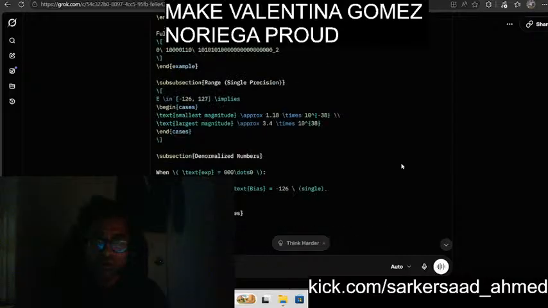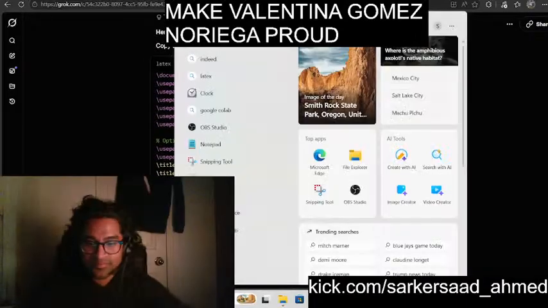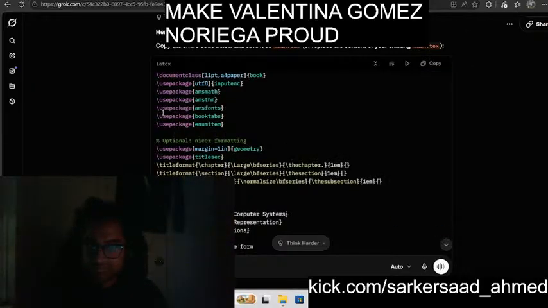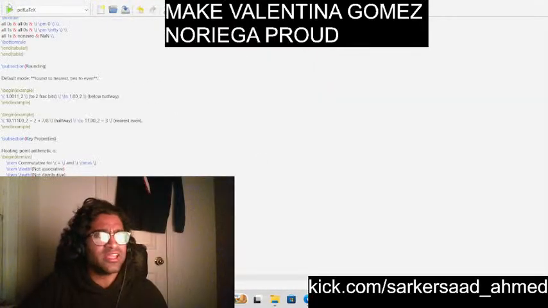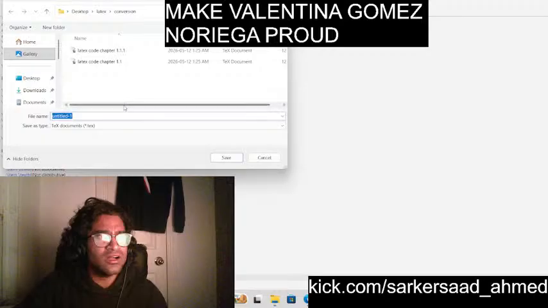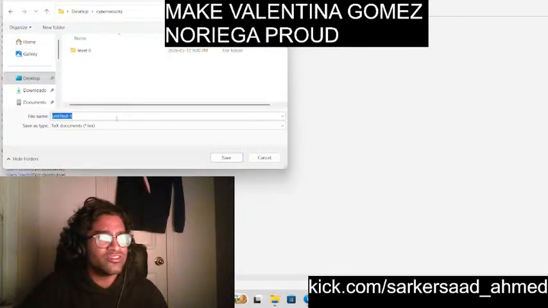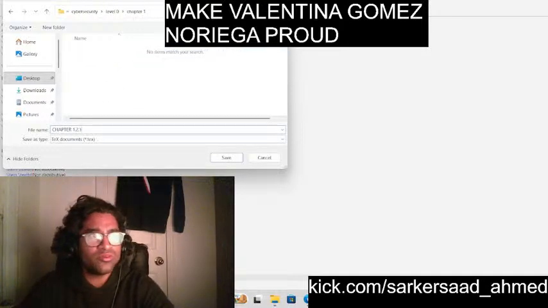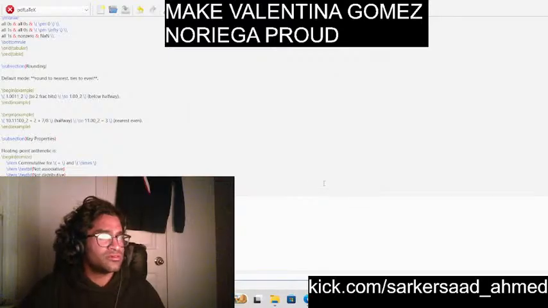Okay, I understand why. It's not because of the LaTeX code. It's because... now I get it. Let's save this in cybersecurity. This will be chapter 1.2.1. Install.